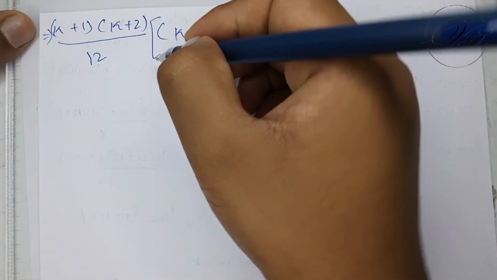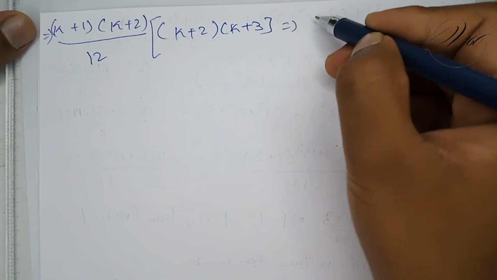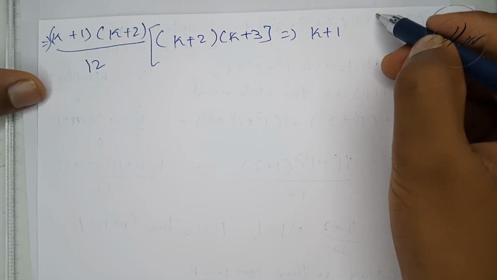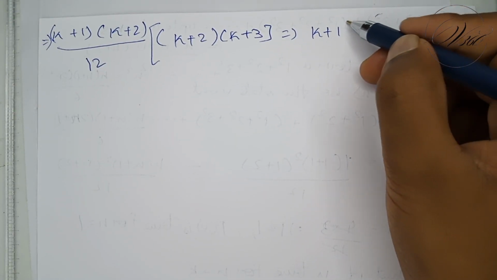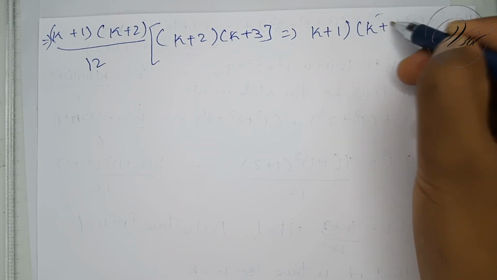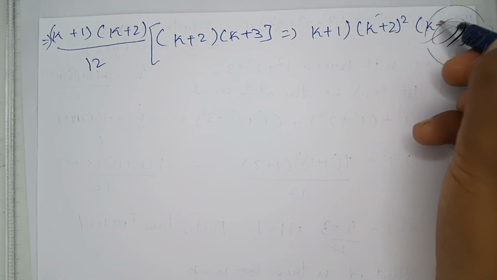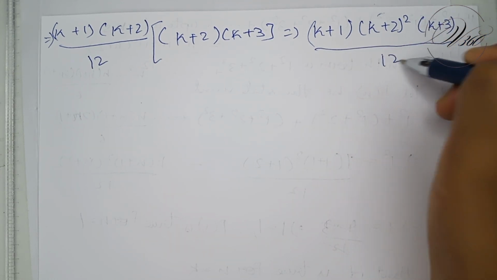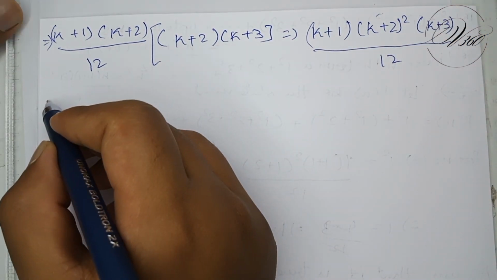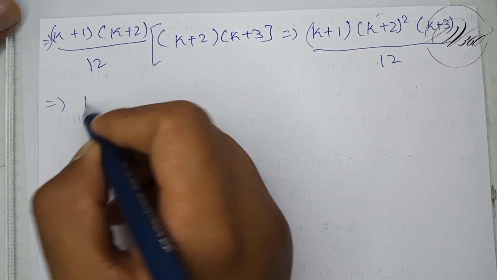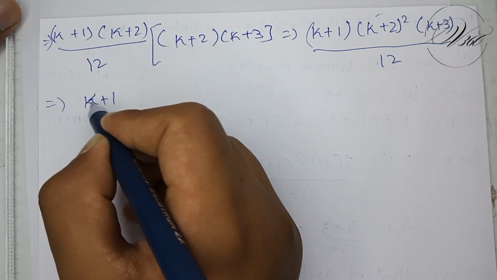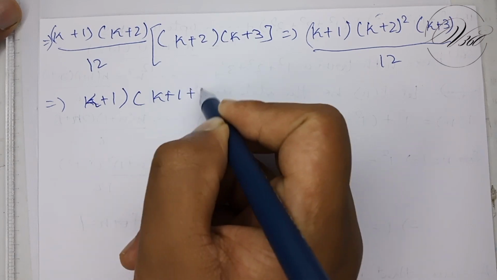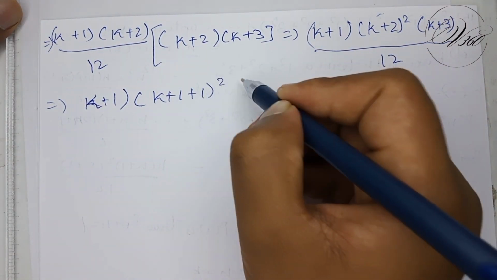Okay, now here we will get k plus 1 of k plus 2 whole square of k plus 3 by 12, which is now equal to k plus 1 of k plus 1 plus 1 whole square.